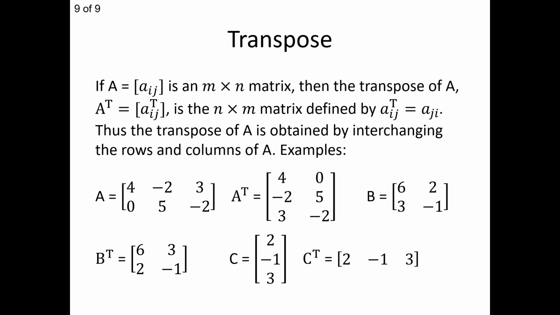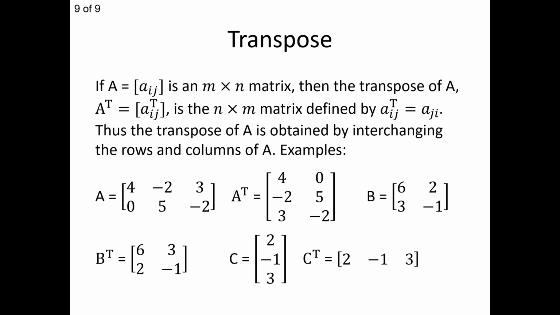We're going to take our matrix and turn it into an N by M matrix. Notice that it was an M by N, and we flipped the dimensions. There were originally M rows and N columns, and we're now going to make it N rows and M columns.